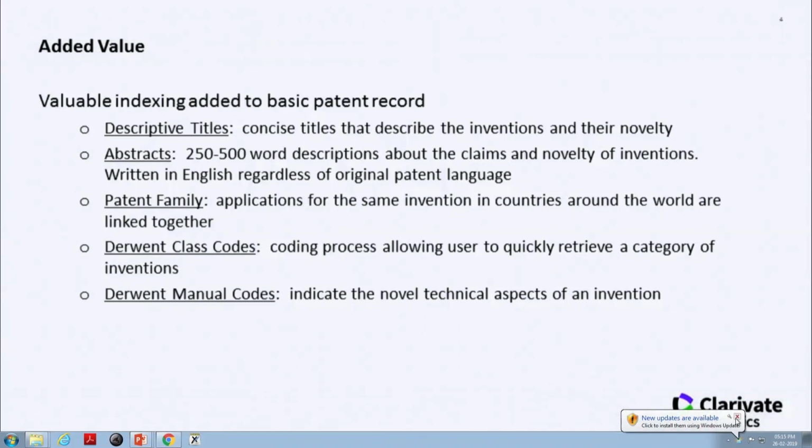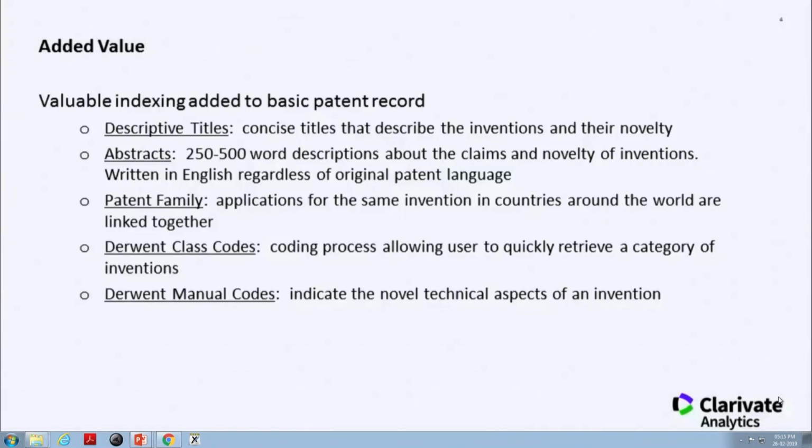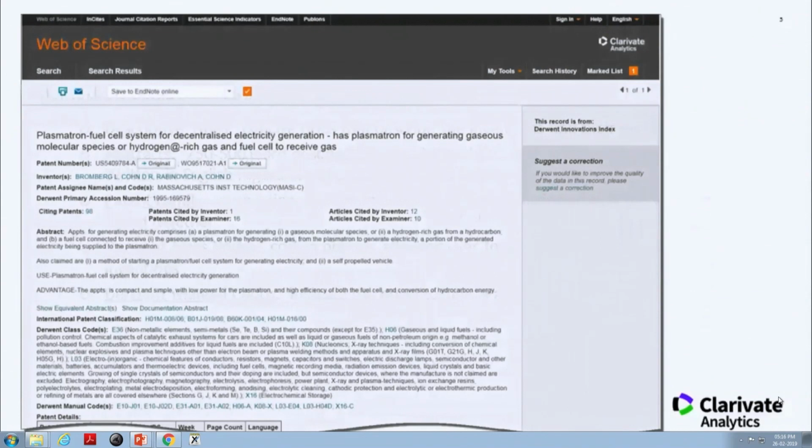And Derwent class and manual codes help classify patents into specific technology areas, allowing for fast retrieval of a segment of patents. For each Derwent record, you'll find patent numbers for all members of this patent family representing this invention. You can view the original abstracts for these family members by clicking the Show Equivalent Abstracts button.